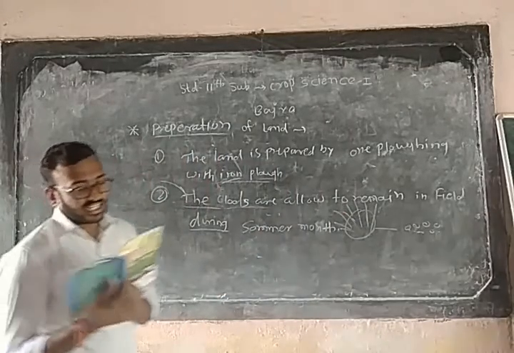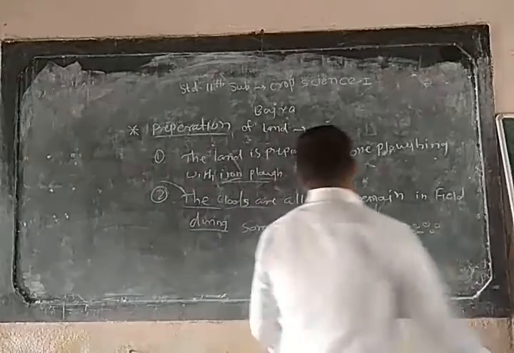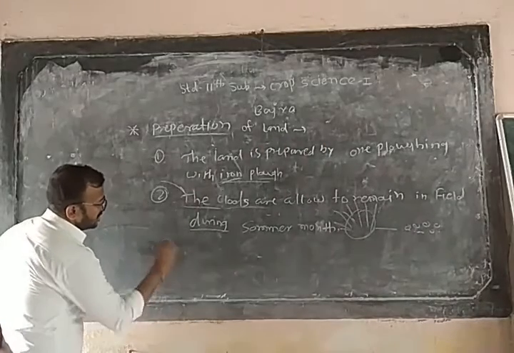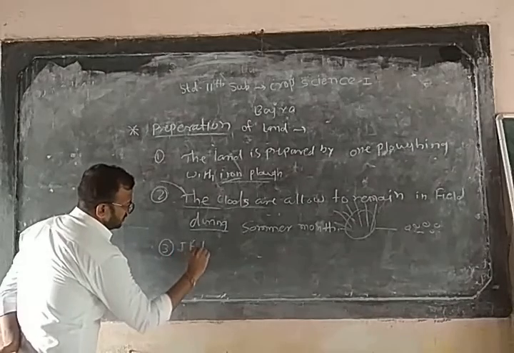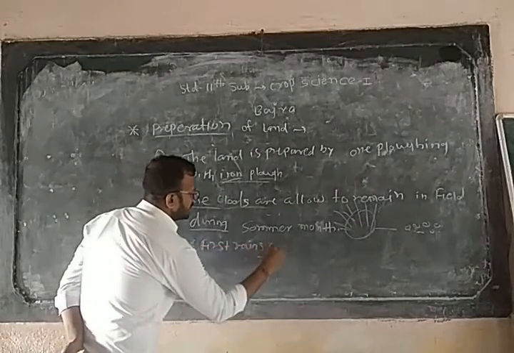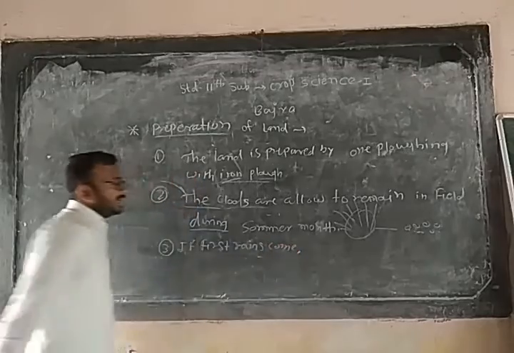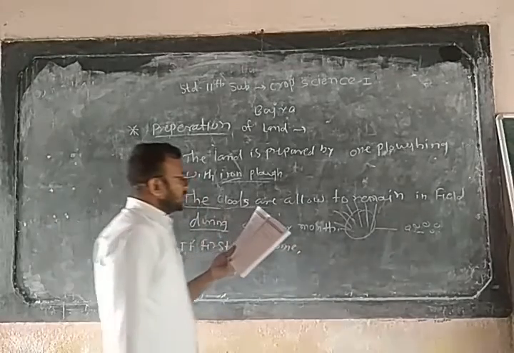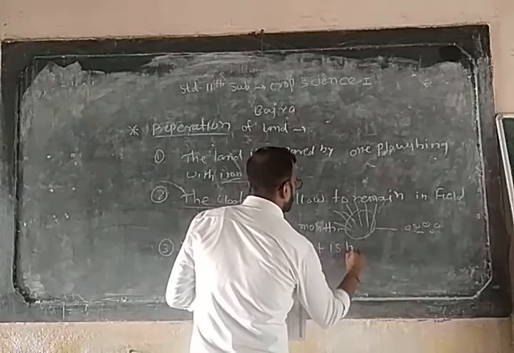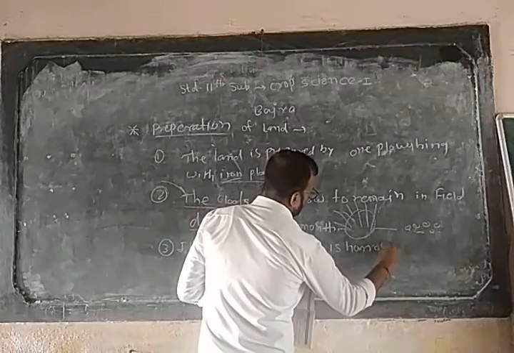When the first rain is received, it is harrowed 2 to 3 times. बघा, एक क्लाउड फॉर्म झाल्यानंतर आणि पाऊस पडल्यानंतर, if first rain comes, पहिला पाऊस झाल्यानंतर ते लँड हॅरोड करायचे आहे. हॅरोड म्हणजे आपण कुळवणी करणार आहोत.